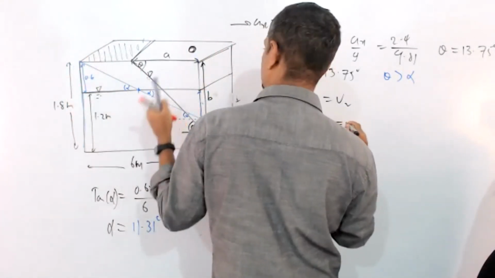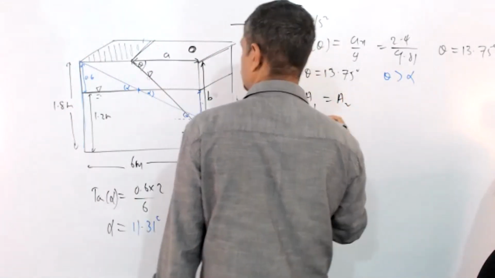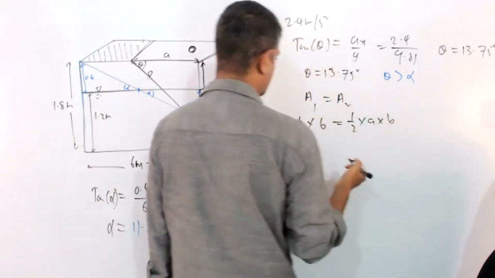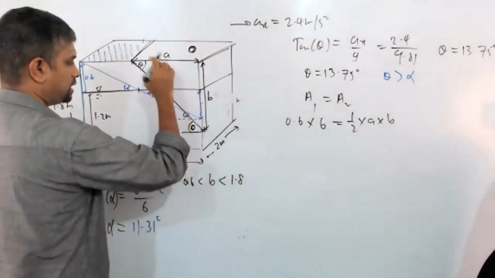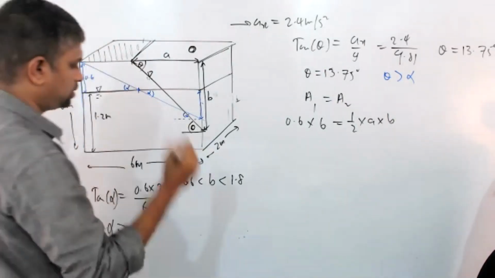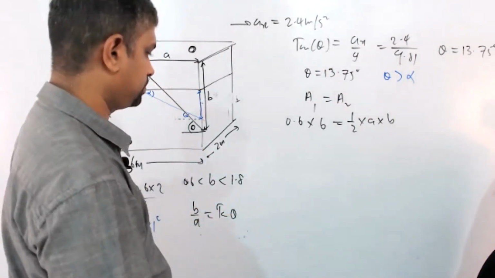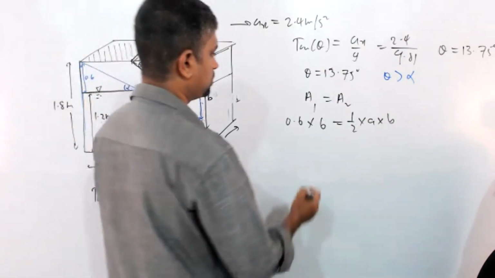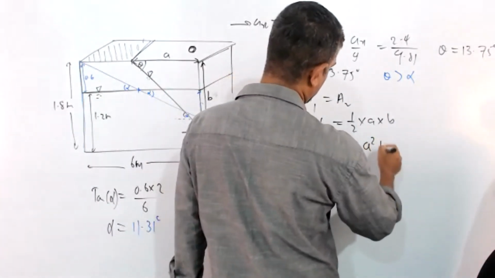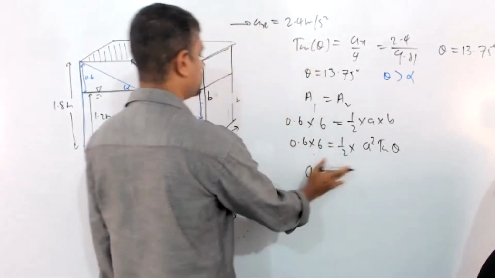Now it is half into A into B. B divided by A is tan theta. Therefore B is A tan theta, so we get A squared tan theta. So we can find the value of A.